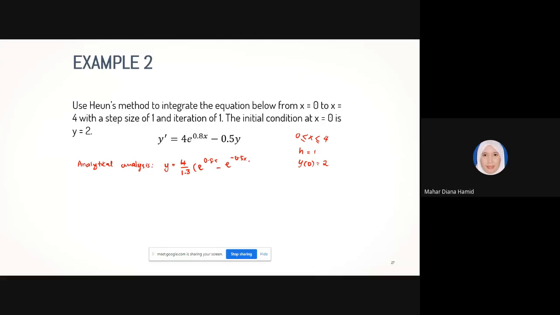So this would be the analytical solution for the ODE. Can you try? I'm going to give you about 5 minutes to have a look and see if you can use the Heun's method that we have learned to find the value of yi plus 1. The first thing you need to do is draw a table, similar to example number 1.